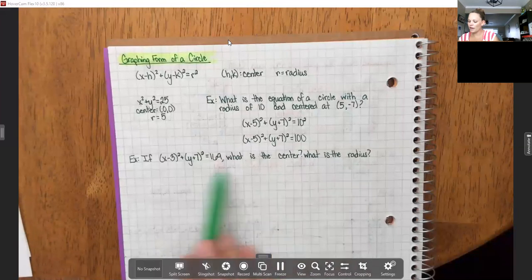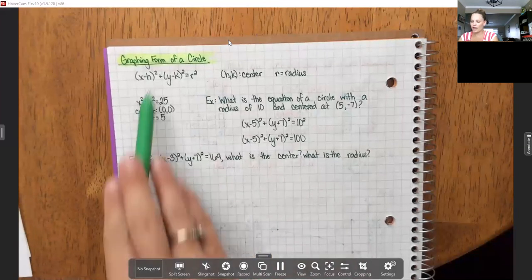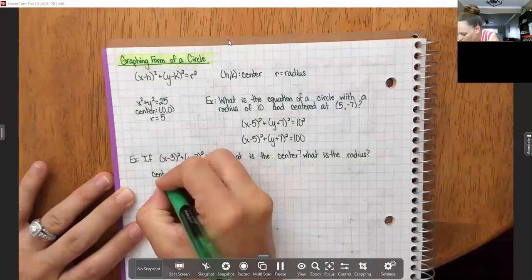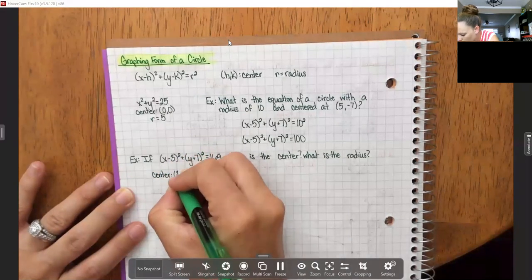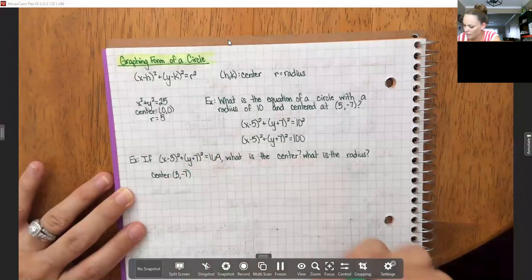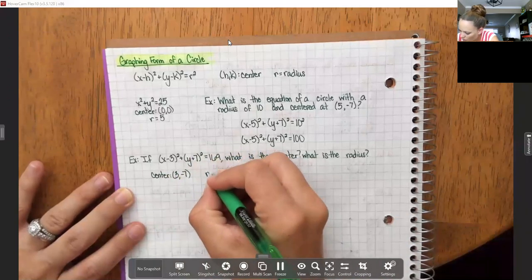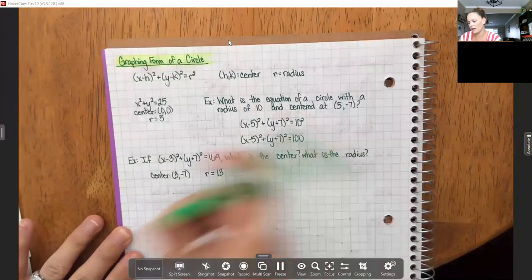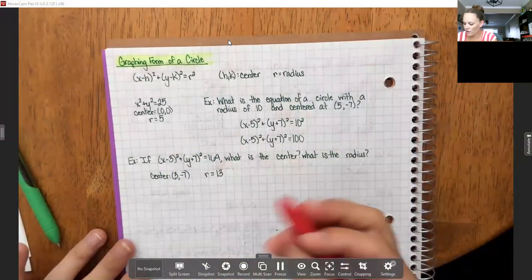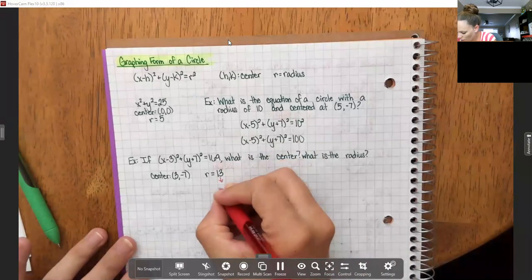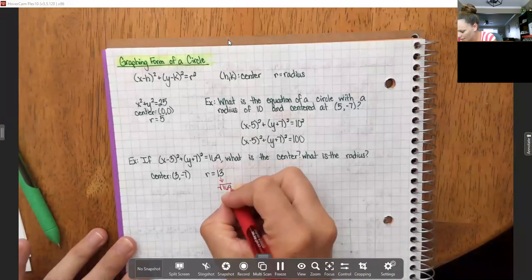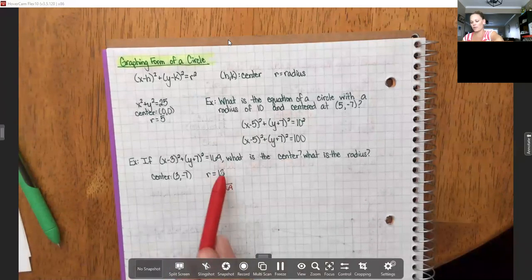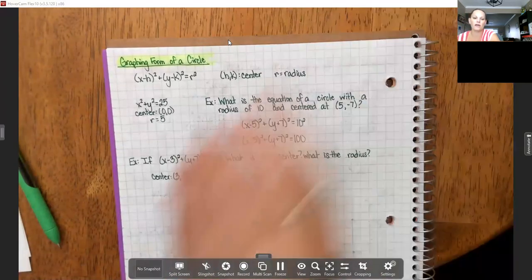Same idea here, we identify h and k. So here, the center is at (3, -7). And then the radius is going to be 13. Where 13 comes from is the square root of 169, because remember, this is equal to r squared. So you take the square root to get the 13.